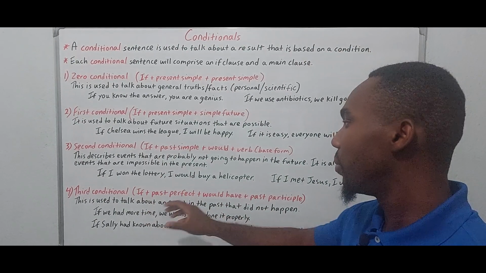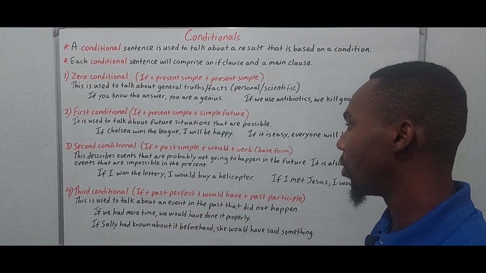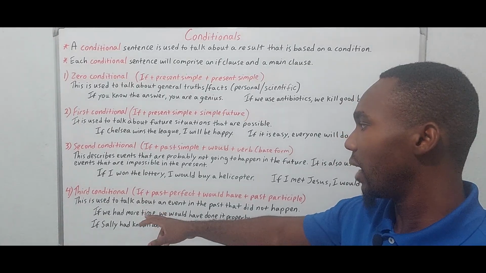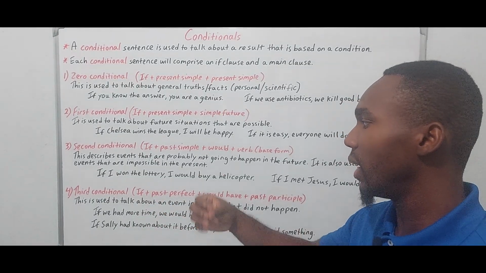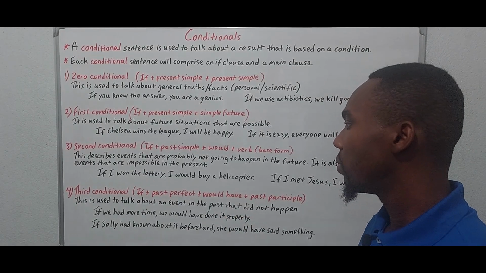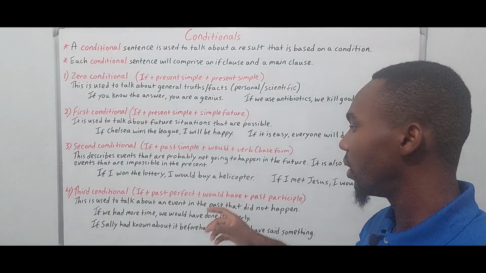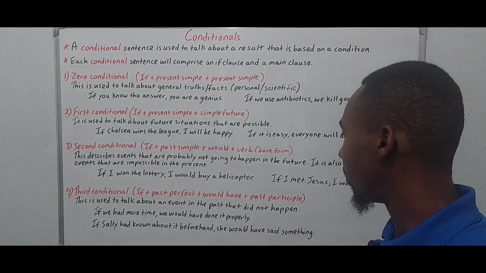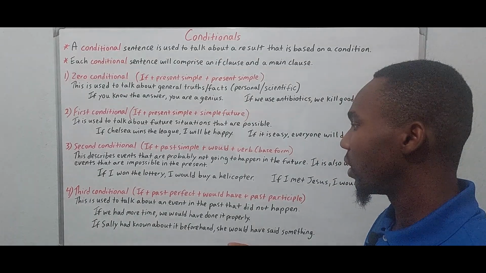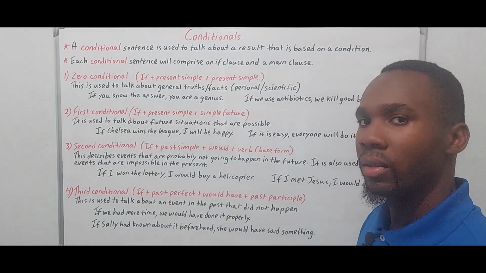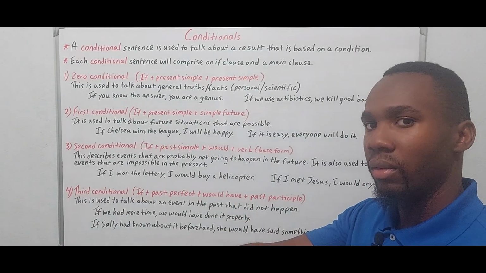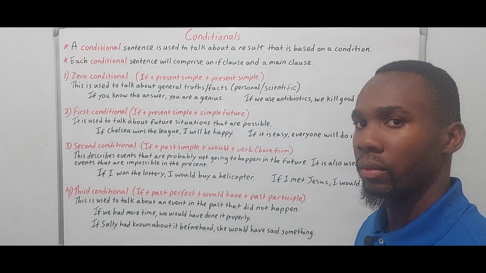So if we had more time, we would have done it properly. So you see, we have the past perfect in the condition. If we had more time, we would have done it properly. If Sally had known about it beforehand, she would have said something. So we're talking about the past, what we would have done if things were different.